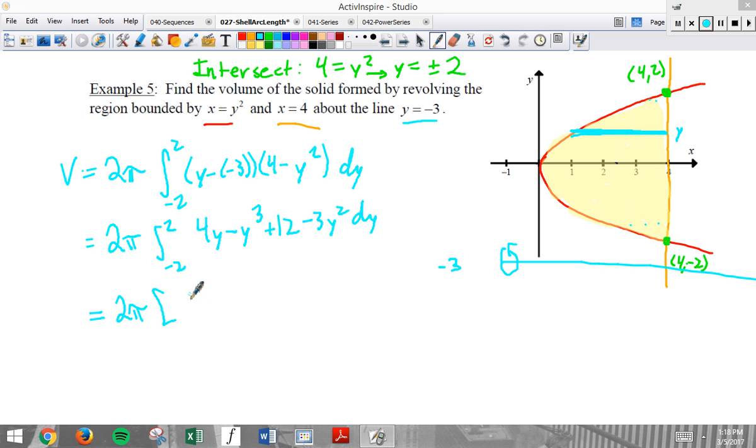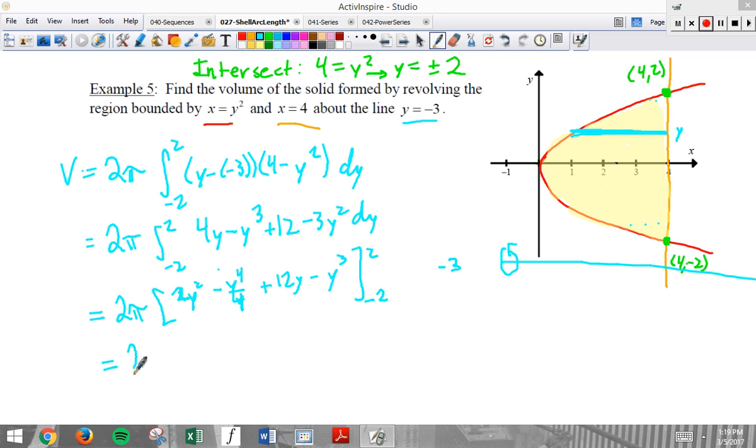Power rule. 2y squared minus y to the 4th over 4, minus y cubed, plus 12y. That 4 looks like y. I'm just so good at writing y's. Even my 4's start to look like y's. From negative 2 to 2.